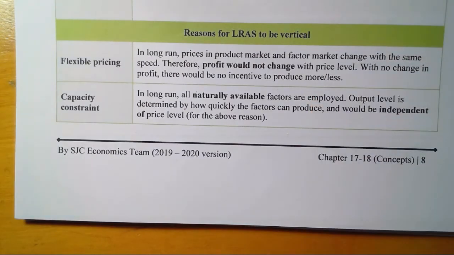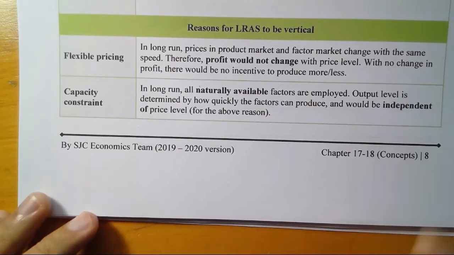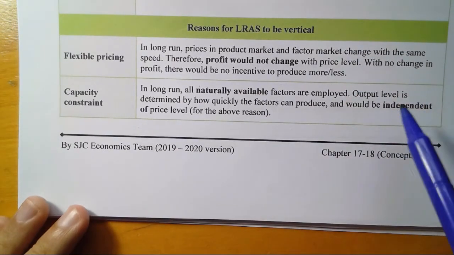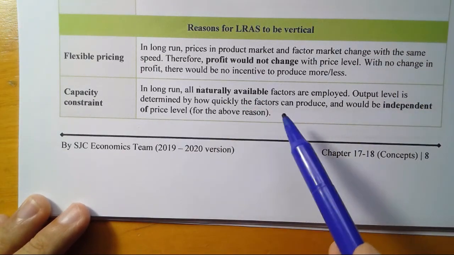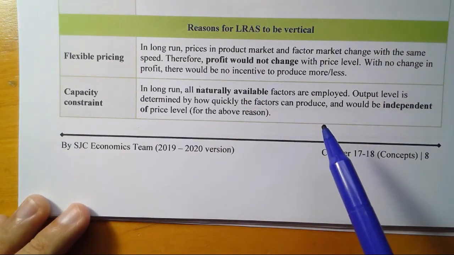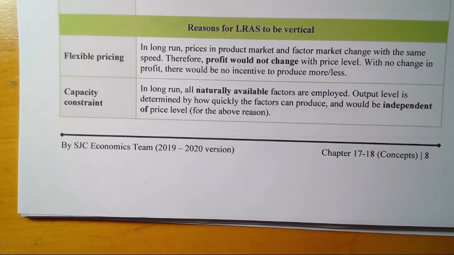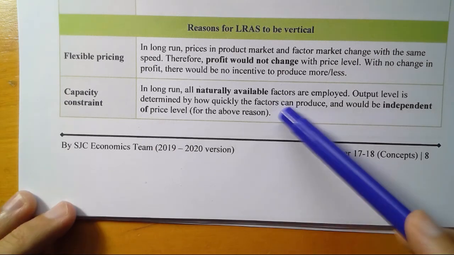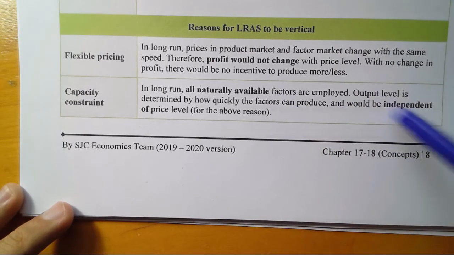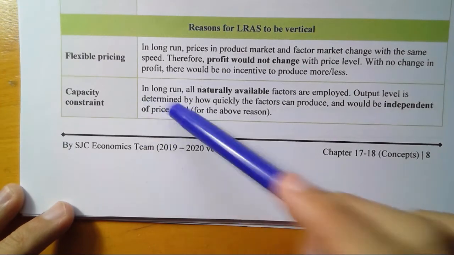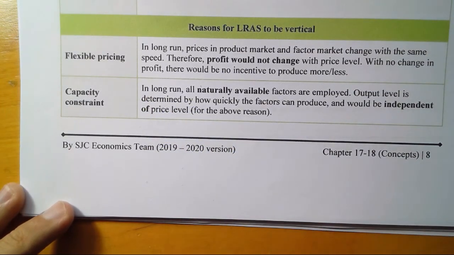factors are being employed. So, how much you can output, it's determined by how good the factors can produce. OK，究竟呢啲 factor 做得幾快啦？係嘛？視乎你啲人幾叻，你嘅機器幾勁啦。OK, it depends on your capacity to produce. It has nothing to do with price level, just like we mentioned.